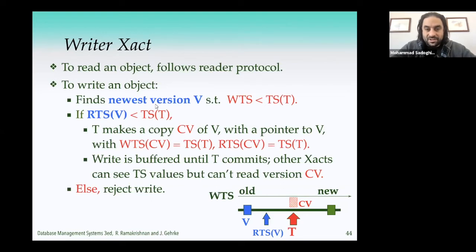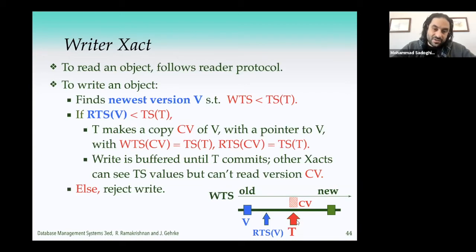And if you talk about it in terms of 2PL, if there was a blue transaction that had read this version, it would still be holding a read lock, so this write of the red would not have been allowed.